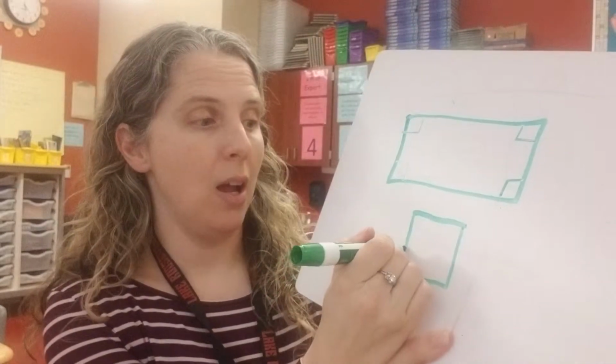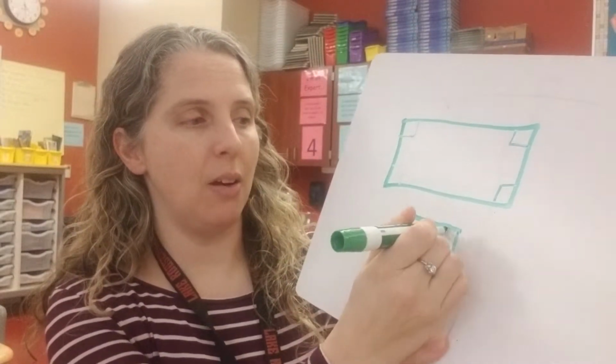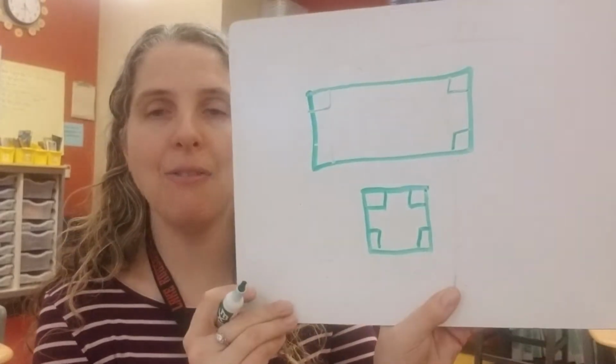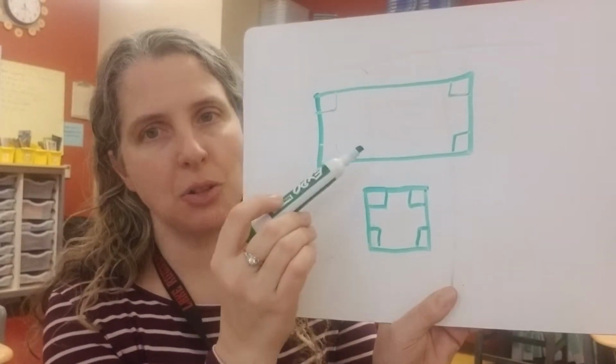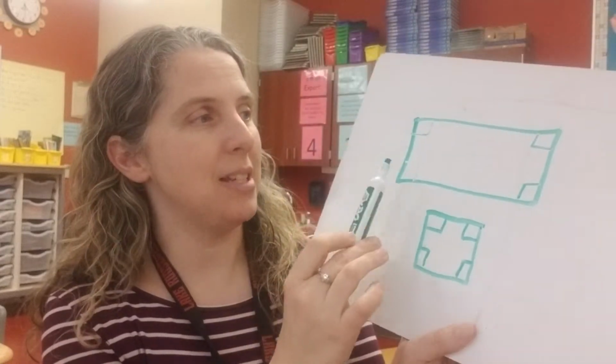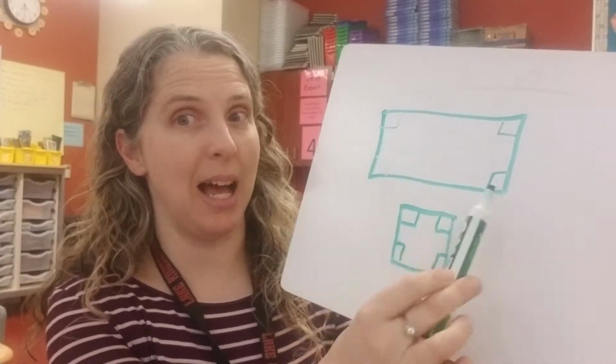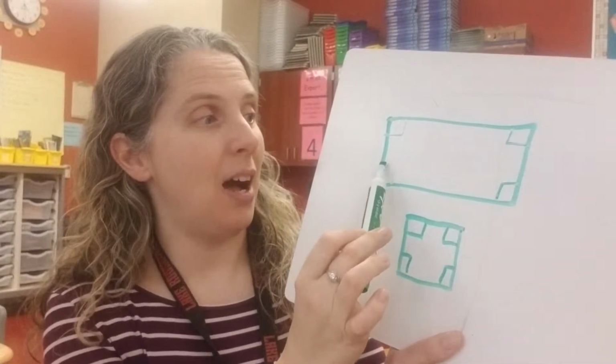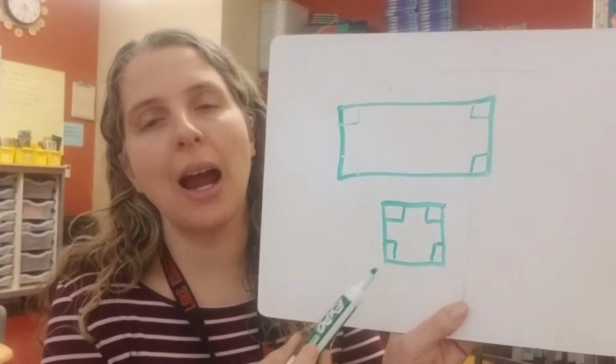A square, 4 right angles, and all the sides the same. However, a square is also a rectangle because a rectangle just has to have 4 sides and 4 right angles, and a square has that. All right, so you're going to see that there's multiple names to call something.